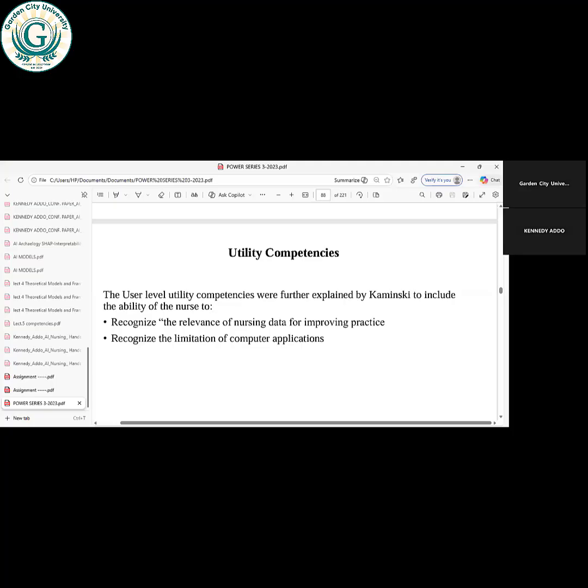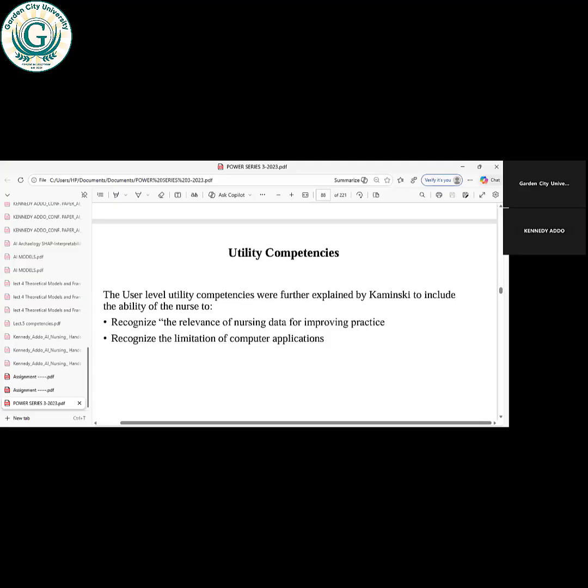If you are able to identify them, then you merit being described as somebody having utility competencies. But if you are unable to identify some of the basic setbacks, and always have to go back to the IT people for them to intervene, then it means that professionally we are lacking something.